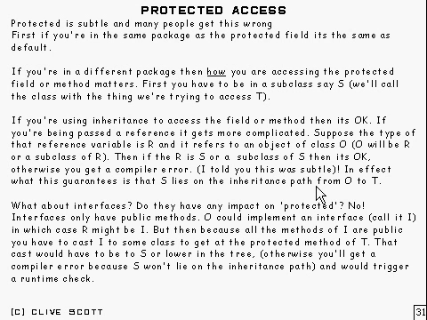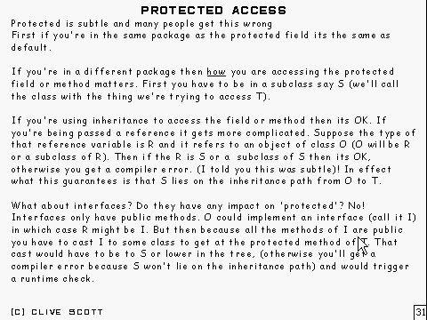Alright, so what about interfaces? I said you're passed a reference variable here. What if that thing refers to an interface? So, you know, R might be some sort of interface I. Now, if you're trying to use that to access the protected method, then the thing to bear in mind is that all the methods of I are public.